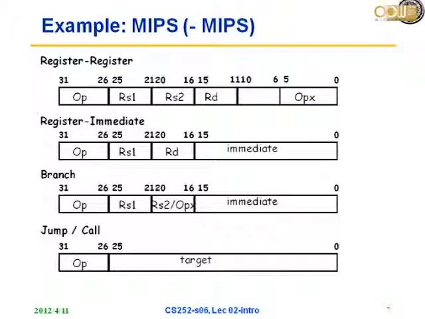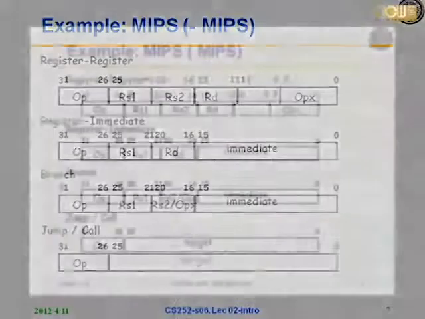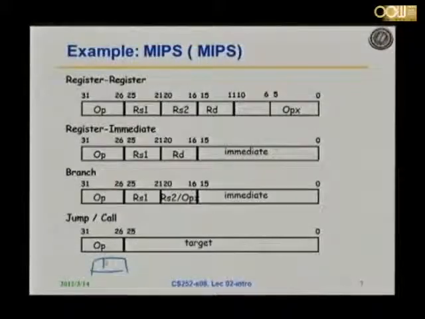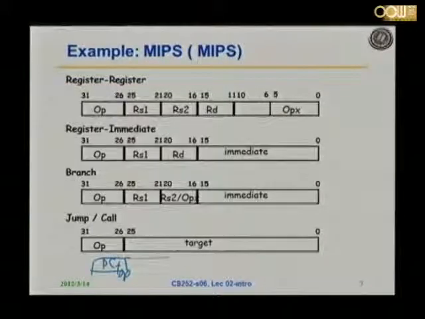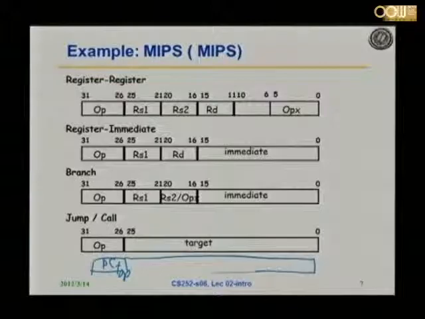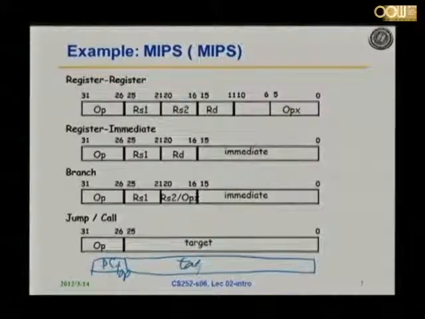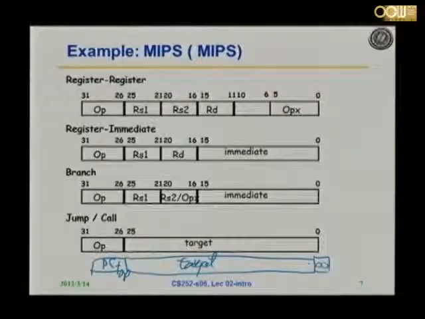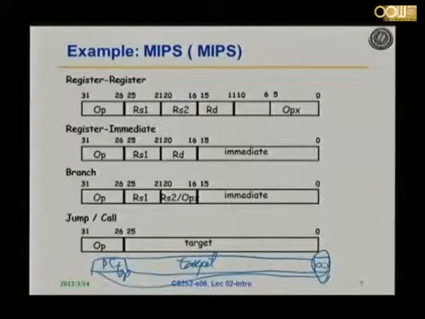The way they design this instruction is to use the first bits of PC, PC top, appended with this target, and then appended with two zeros because these point to an instruction address, okay? An instruction address is always word aligned.